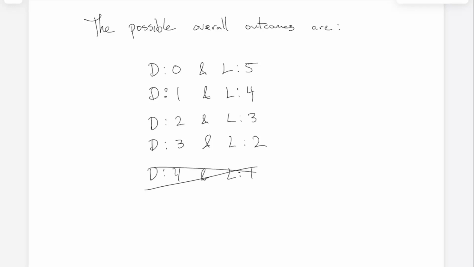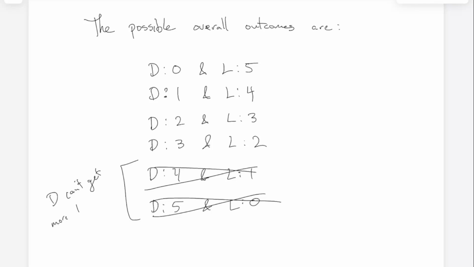And similarly, at least if you don't know anything, you might think another one was possible, but again, it's not possible because we already said D can't get more than 3. All right? So we have only really 4 possibilities as far as what the overall outcomes could be in terms of drawing these arrangements.